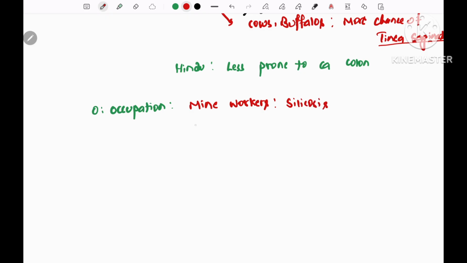And patients who work in paint industries and dye industries are more prone to carcinoma of the urinary bladder.